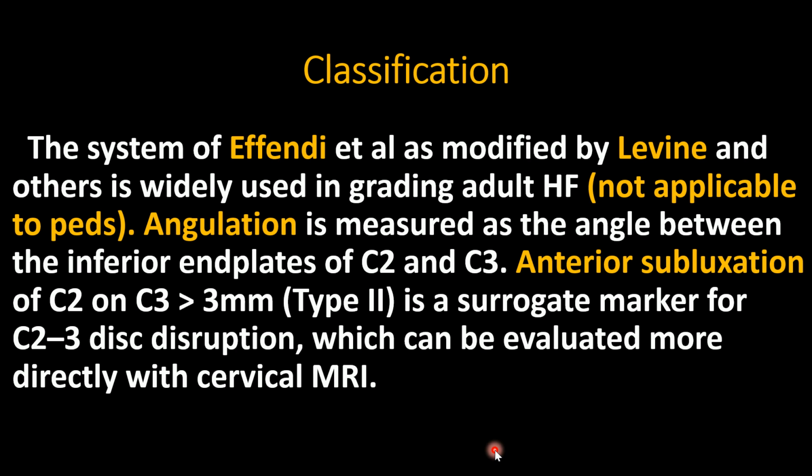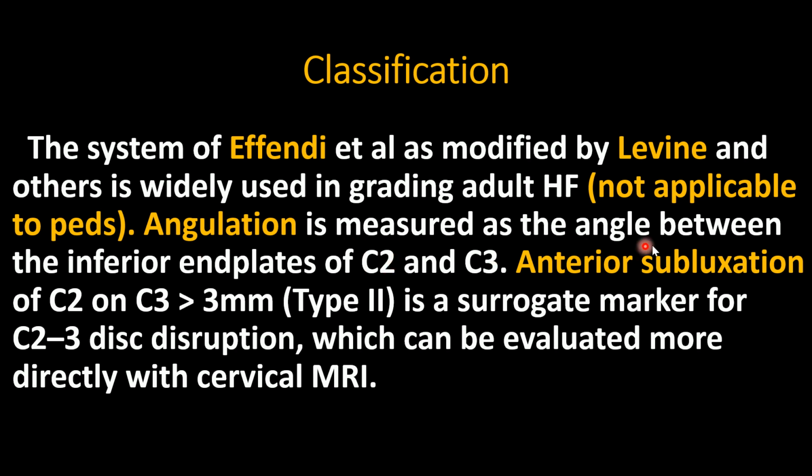The system of Effendi et al. as modified by Levine and Edwards is widely used in grading adult Hangman's fracture. It is not applicable to pediatrics, and as we mentioned, odontoid fractures are more common than Hangman's presentation in children.